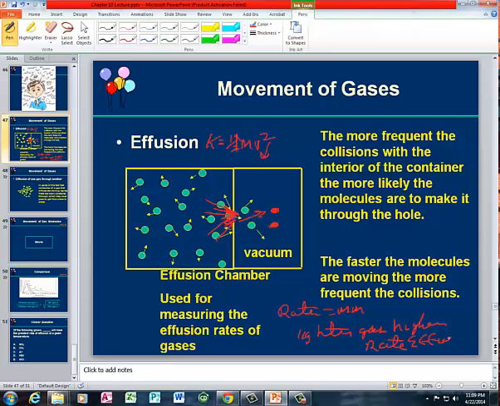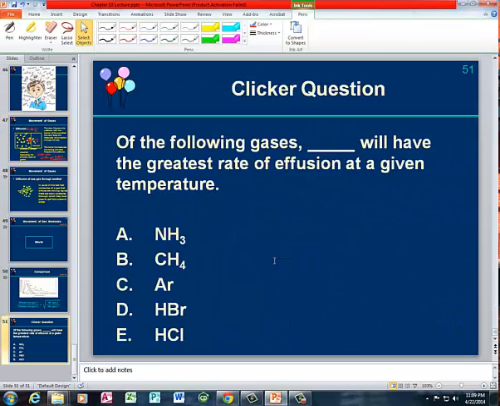Okay? So if I give you a collection of gases, as I did in this particular problem, you've got ammonia, about 17.04 grams per mole. Let's see, methane about 16.05 grams per mole. I think argon's around 40 grams per mole.